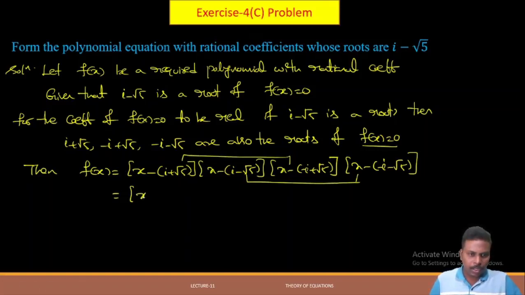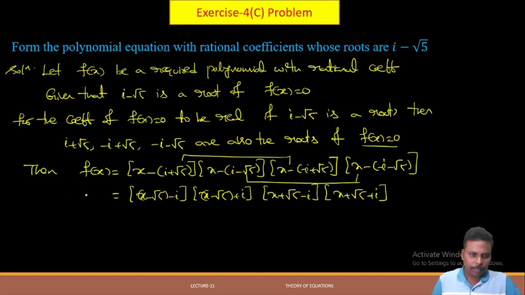So this is x minus root 5 minus i into x minus root 5 plus i, and this is x plus root 5 minus i into x plus root 5 plus i.